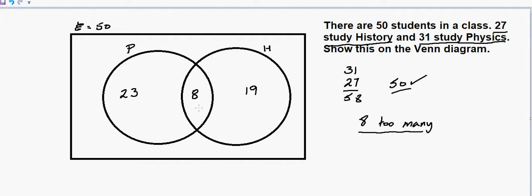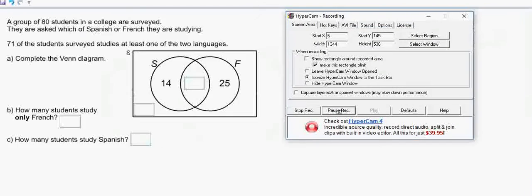Okay, remember they are part of the history set and also part of the physics set. Okay, so I'm going to pause and I'm going to go to a question that I've got from the site.